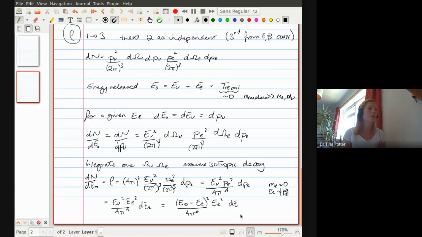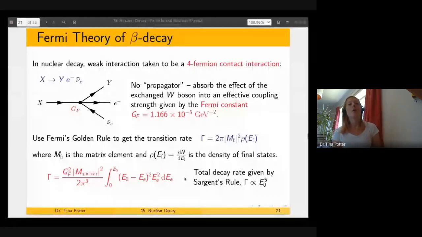If we put all of those pieces together, and you can have a look at a slightly neater version of the worked examples on the website, we will have that our decay rate goes as G_F squared and our nuclear matrix element squared.